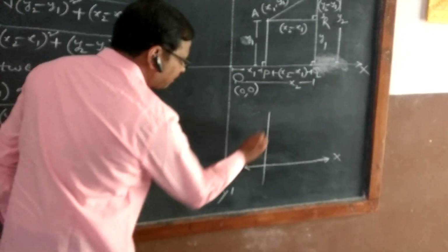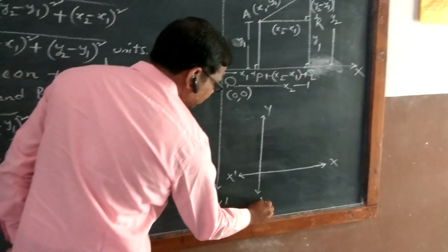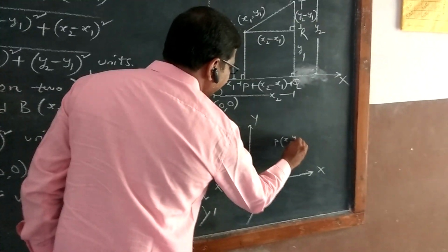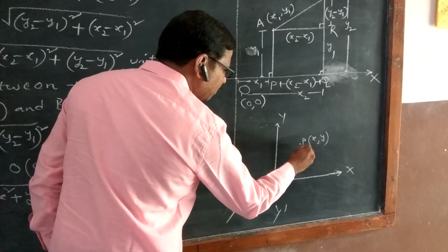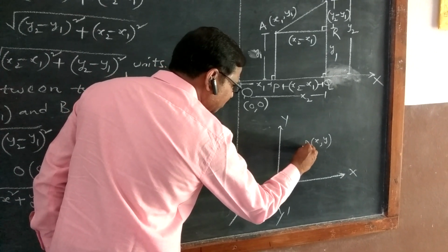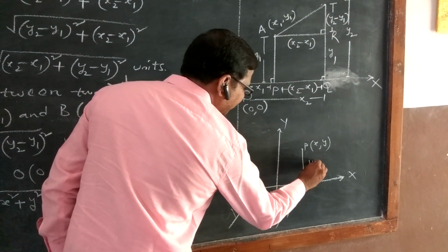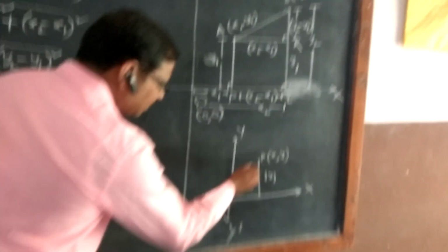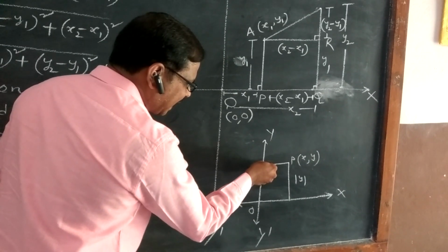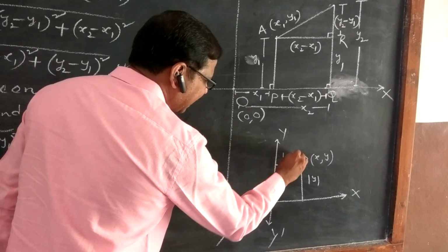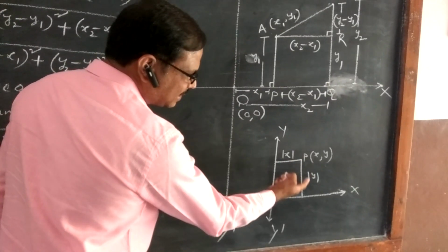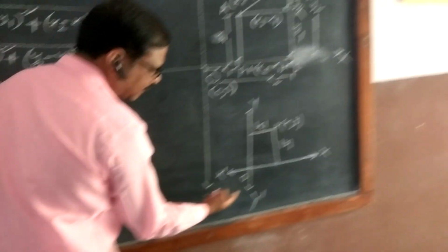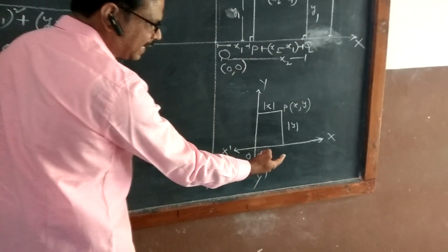Now, just a small introduction. Suppose you consider a point P of x comma y in the plane. The distance of this point to the x-axis is mod y, and to the y-axis is mod x. It changes according to the quadrant, as I told you earlier.